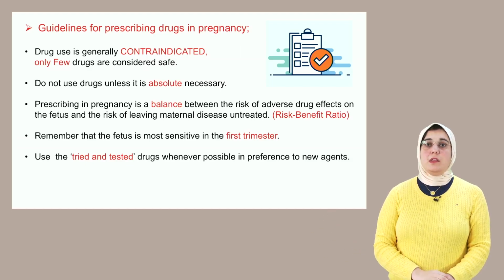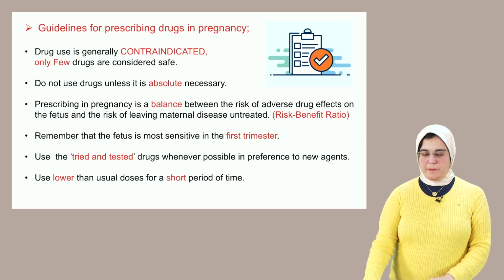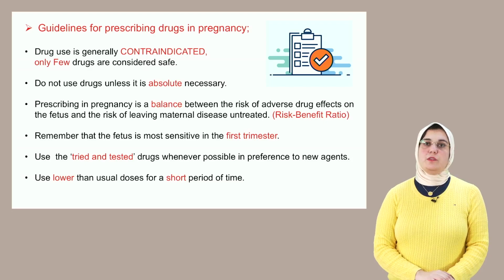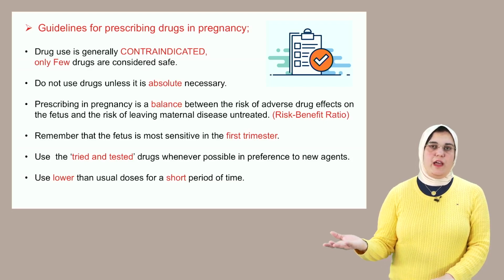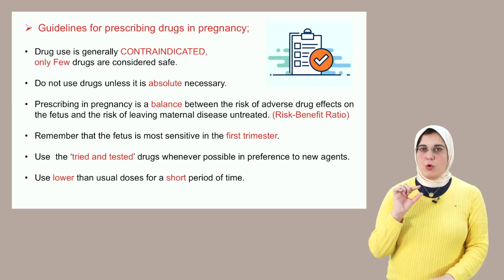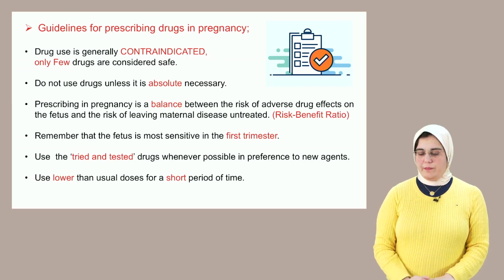So if they don't have any teratogenic effects, then they are always safer than new drugs. Use lower than usual doses for a short period of time. If we have to give the drug, please choose the smallest effective dose for the shortest period of time.